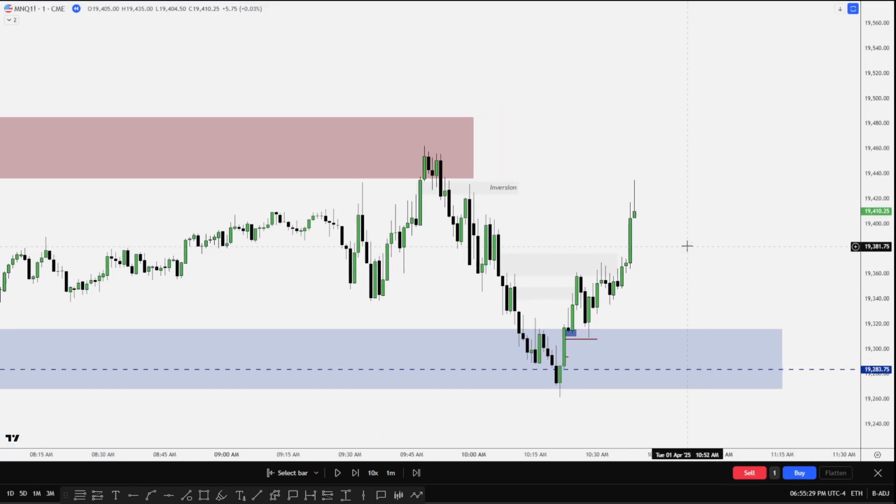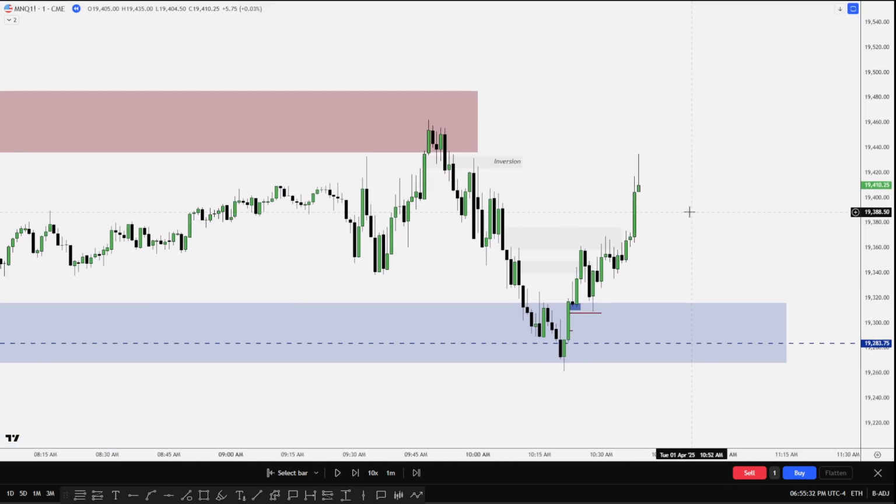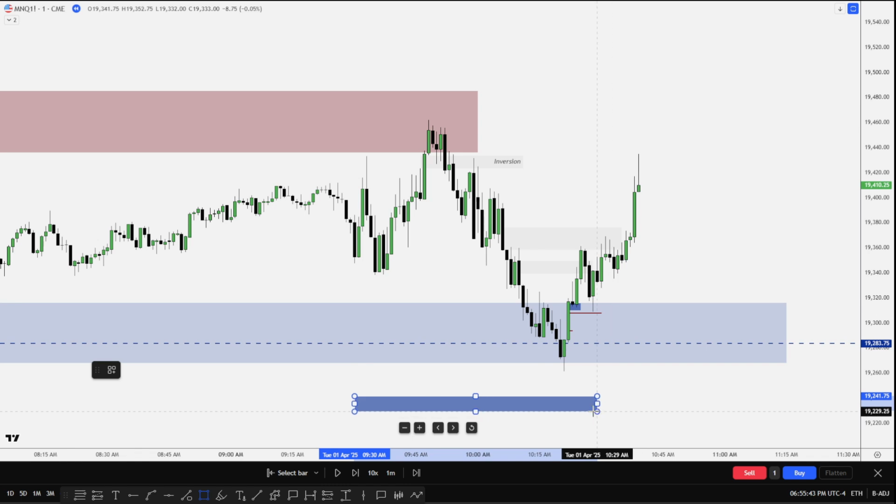So back to the 1 minute, because the 15 second was probably too much. But how do you know that that setup is going to occur? 9:30s here, 10:30s here.